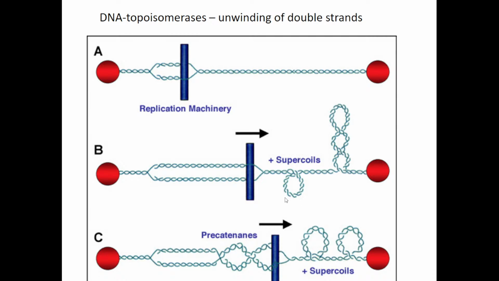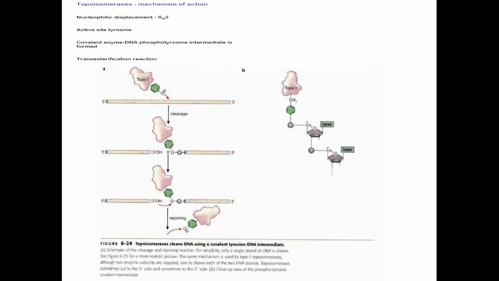To avoid it, a special enzyme must work, which unwinds the double-strand DNA and winds it again after movement of the structure. These enzymes are called DNA topoisomerases. Topology is the part of mathematics that describes the form of surfaces. We have two types of topoisomerases, first and second type.